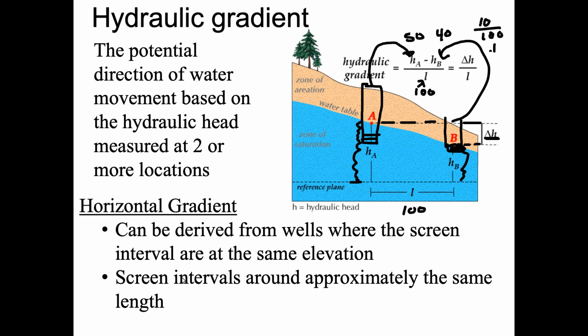The reason we want this is that the screen interval, the portion of the well that's open to the aquifer and can exchange water with it, means it's feeling roughly the same zone of pressure. That's why we want them to be roughly the same length and roughly overlapping at the same elevational intervals.